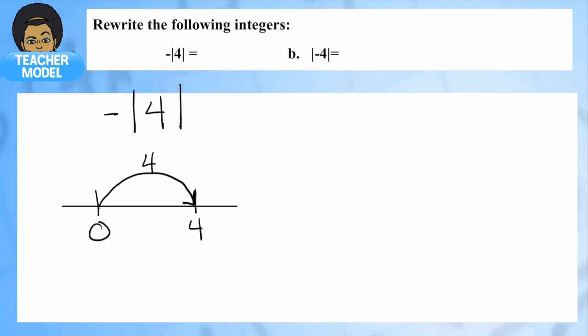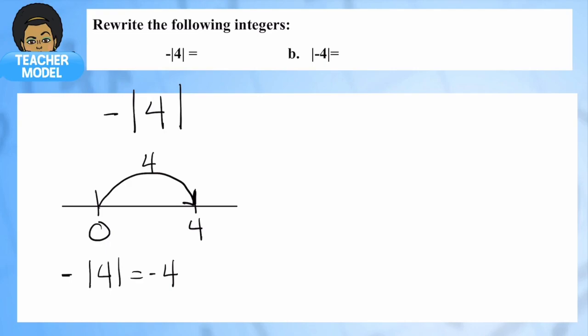But notice this negative is on the outside. So even though the absolute value of 4 is 4, because the negative is on the outside, it means I have to put a negative over here. Now I'm taking my absolute value and then making it negative. So please look and see where that negative is, if it's on the outside or the inside.